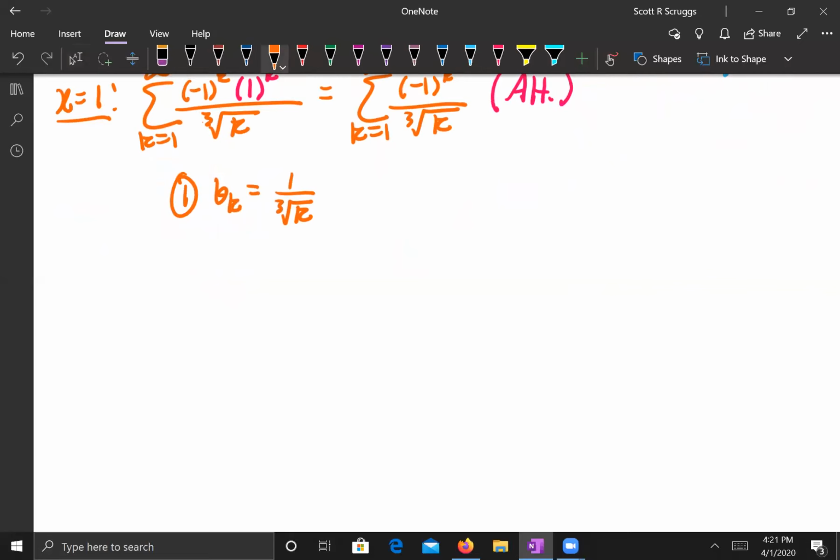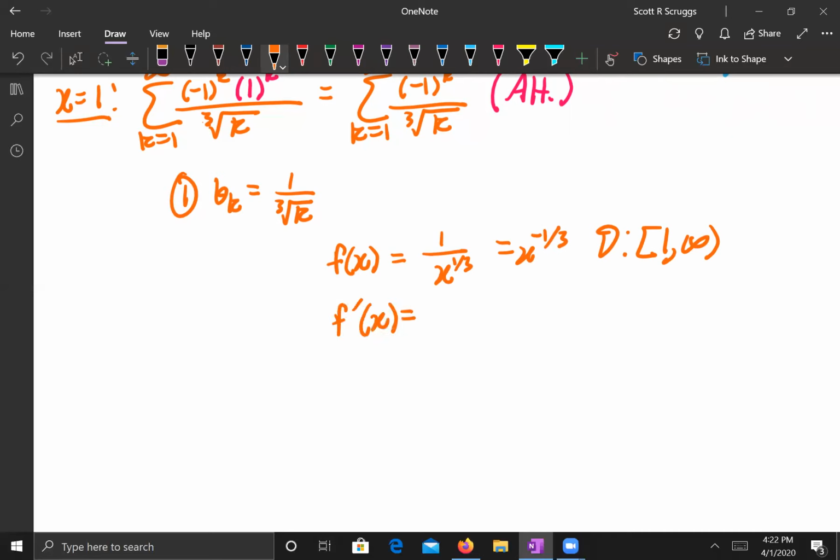So I'm going to define f of x as 1 over the cube root of x, or x to the negative 1/3. Domain 1 to infinity, because that's where my series began and where my series ended.